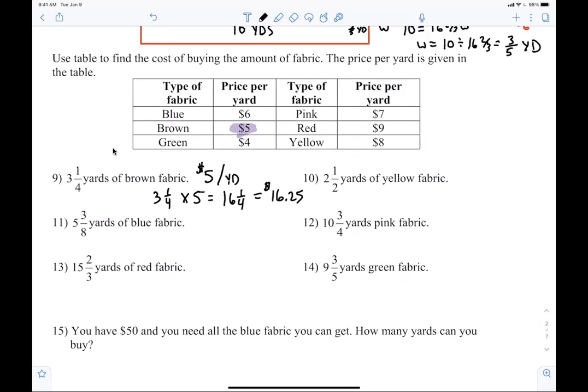Yes, ladies. How did you get 16? You multiplied 3 1/4 times 5. So do that on your calculator real quick. You got 16 1/4, right? Now on your calculator, let me see yours. You can do second and then the fraction to decimal like we did yesterday. Did you get that?